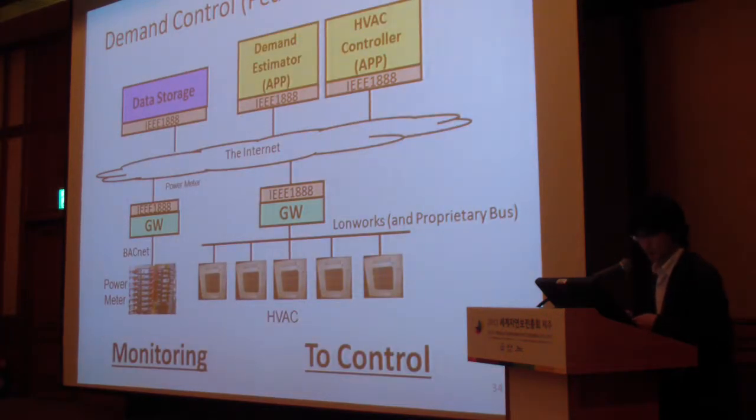We have carried out a demand control experiment, where by controlling the HVAC system, we can reduce the energy consumption, the peak demand of the electricity. This is the experiment configuration. This is the metering system, and these application units control the HVAC system.